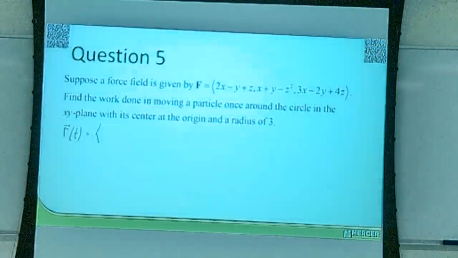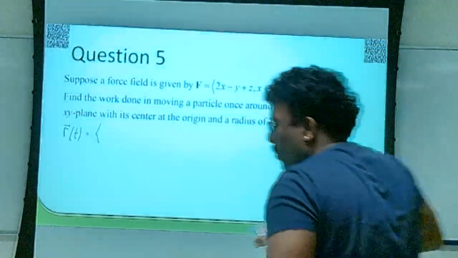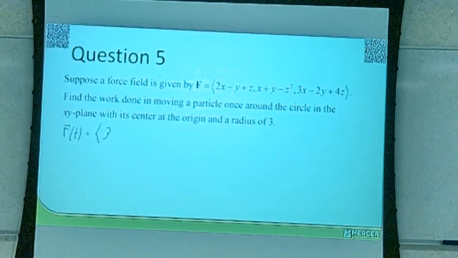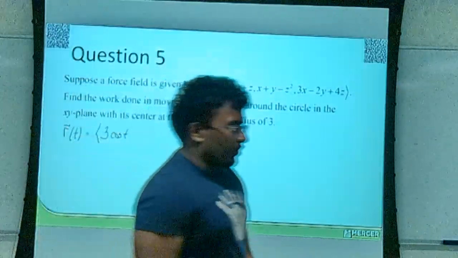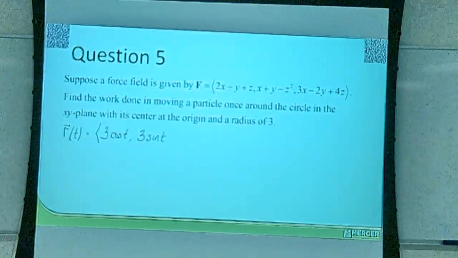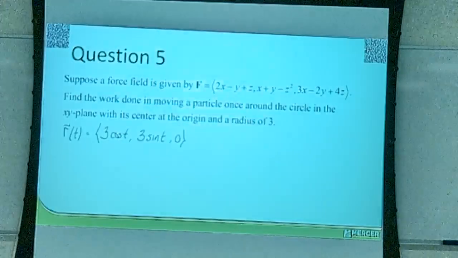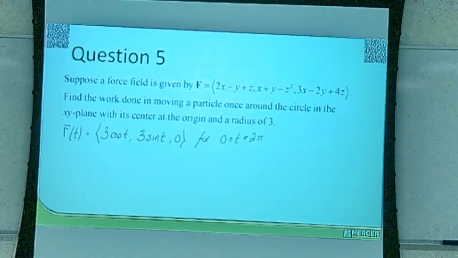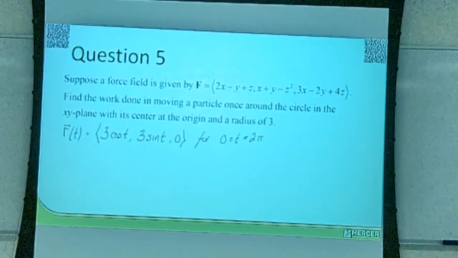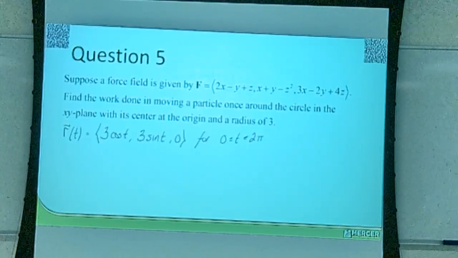And we're in the xy plane, which means z is 0. And it's the entire circle, so t goes from 0 to 2 pi.